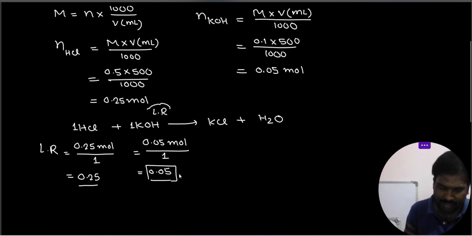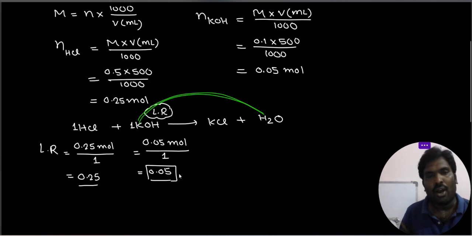Which is the limiting reactant? Remember, KOH is the limiting reactant. Now, from KOH you have to calculate the amount of water because KOH is the limiting reactant. Understood or not? The amount of water is always calculated using the limiting reactant.